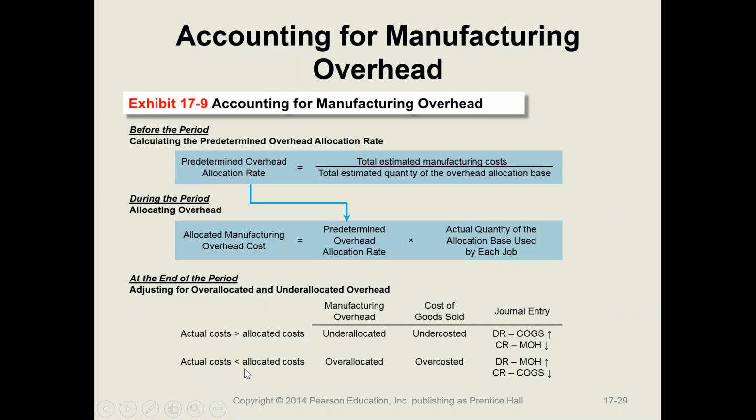If on the other hand, you overcharged for overhead based on your estimated predetermined overhead allocation rate, then if you overcharge jobs, you're not going to, after the fact, refund money to your customers for the over allocation. So you increase your profits in that case.